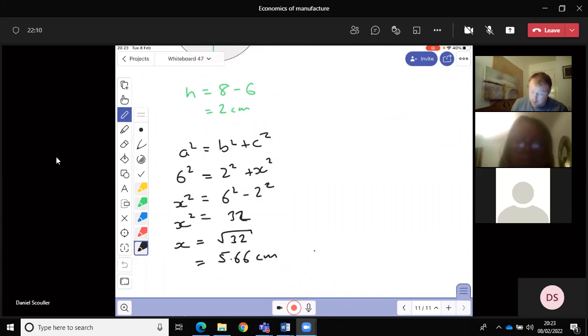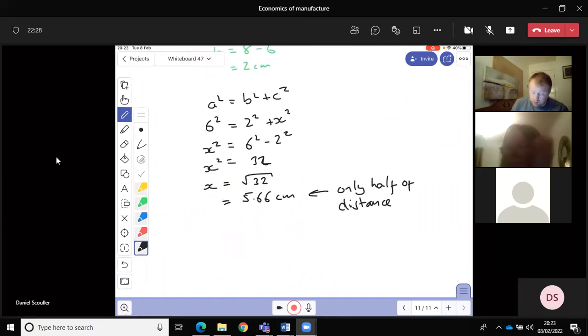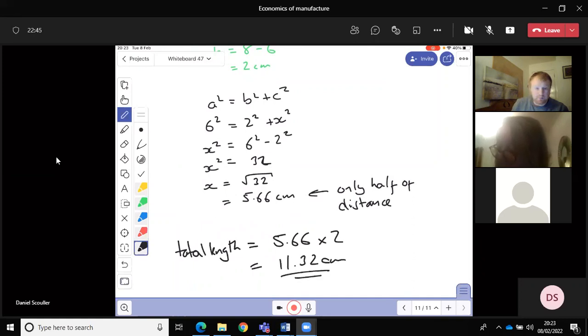Remember, that's only half the distance. So the total length of chord is equal to 5.66 times 2, which is 11.32 centimeters.